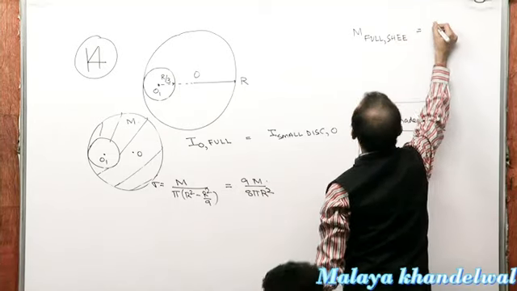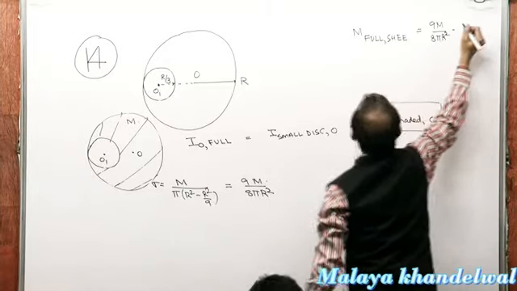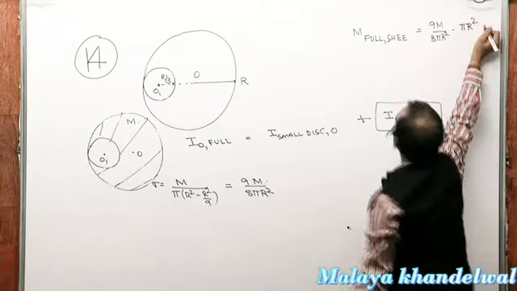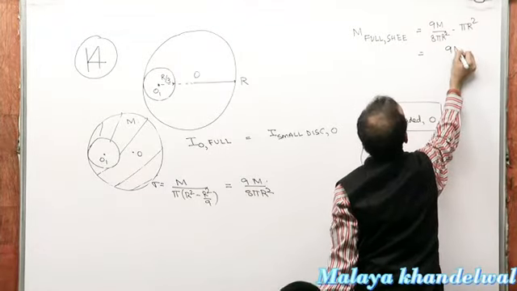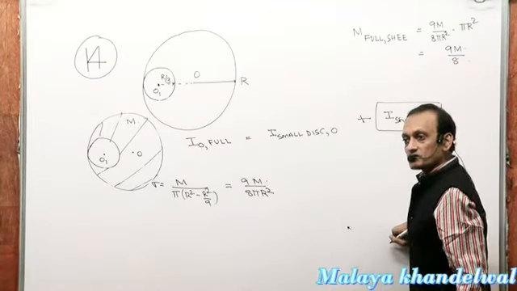Mass per unit area 9m by 8 pi r squared into pi r squared was the mass of the full sheet, so that makes it 9m by 8.